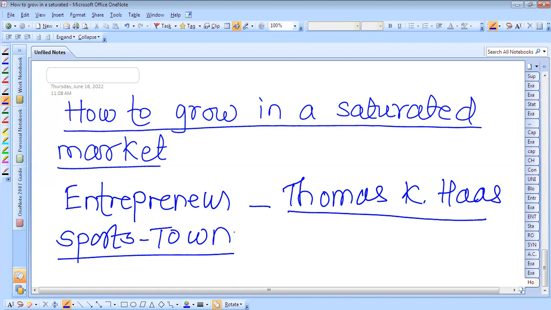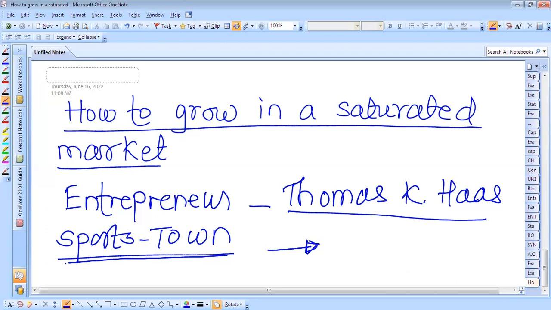In 1987, he experimented with this store, Sports Town, with one store in Atlanta, Georgia, and this was very successful, and he attracted a huge sum of money for the expansion of the company. So in 1989, the expansion paid off with almost $80 million in sales, and Sports Town is an example of a successful company incorporated by Thomas K. Haas.